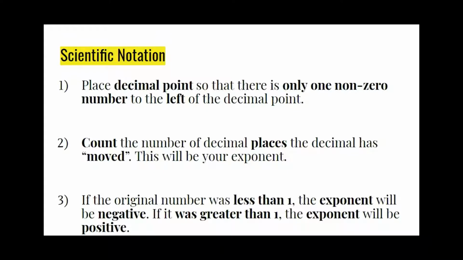Then you will count the number of decimal places that the decimal has moved. That number becomes your exponent. If the number that you started with, the original number, was less than 1, the exponent will be negative. If the number was greater than 1, the exponent will be positive.